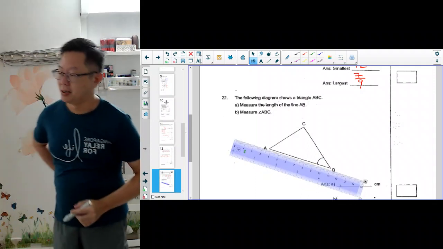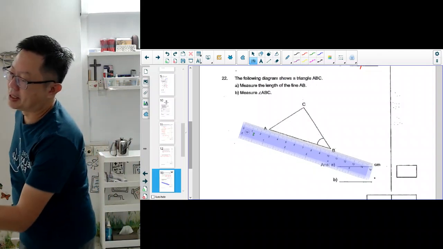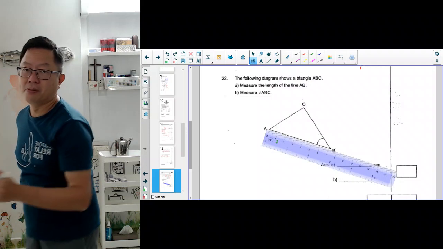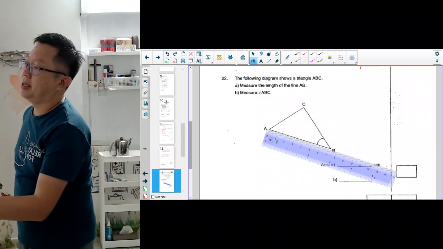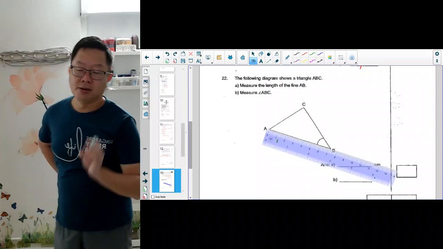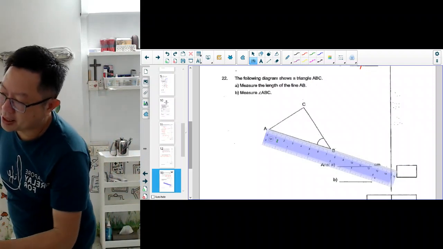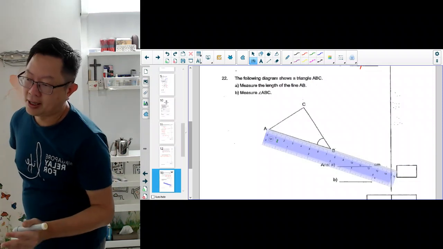Now, my answer may differ from yours because I'm using a whiteboard, a smart board, so there may be some inaccuracy in my measurement. But how to measure correctly? You place the ruler onto the line AB with the 0 touching the letter A, the start of the line. Then you can see which number on the ruler the letter B, the end of the line, is touching.